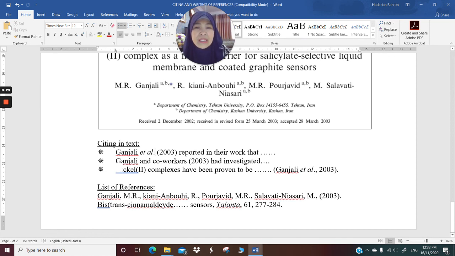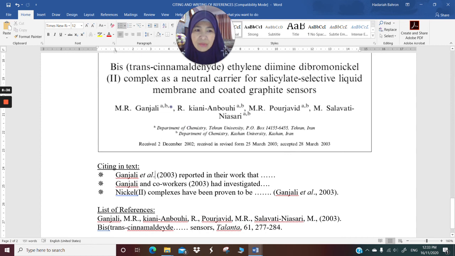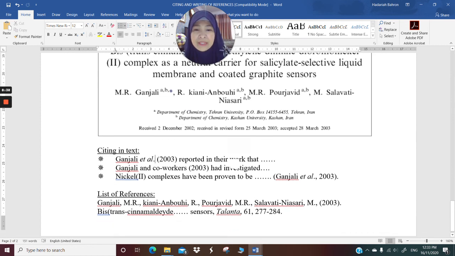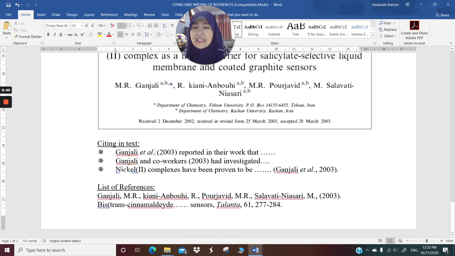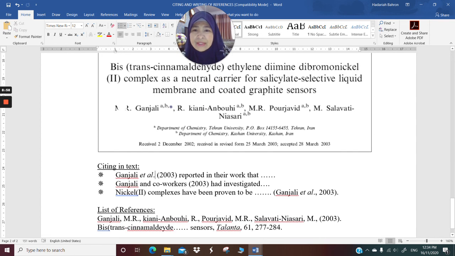Or the second way that you would do it is Ganjali and co-workers in bracket 2003 had investigated nickel 2 complex, for example. Or you can say nickel 2 complexes have been proven to be whatever you found in the paper, in bracket Ganjali et al., comma, 2003. And in the list of references, you do not simply copy how it appears in the paper.